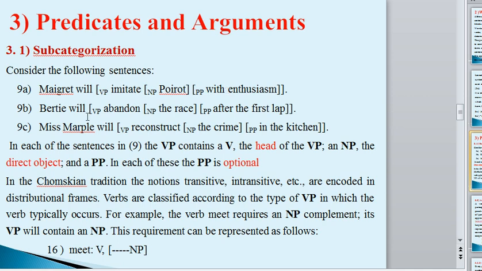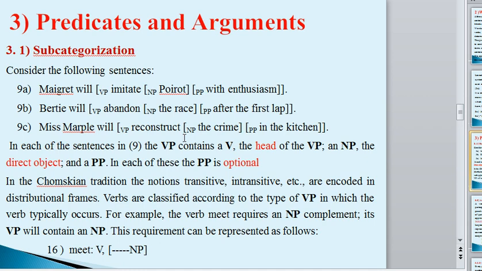The second one, Bertie will abandon the race after the first lap. Again we have a verb phrase, noun phrase, and prepositional phrase. These are the phrases inside the sentence. The last one, Miss Marple will reconstruct the crime in the kitchen. Again we have a verb phrase, noun phrase, and prepositional phrase.